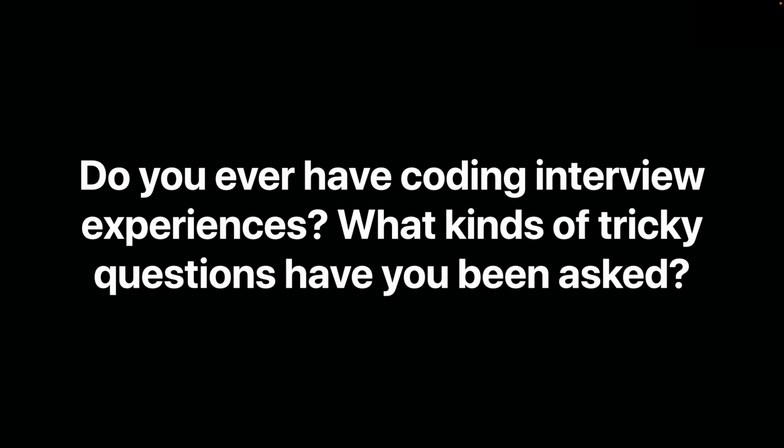So basically a list traversal question, and you have to delete an arbitrary node. Is it a doubly linked list or not? No, it's just a regular one-way linked list. Okay, that's really tricky.